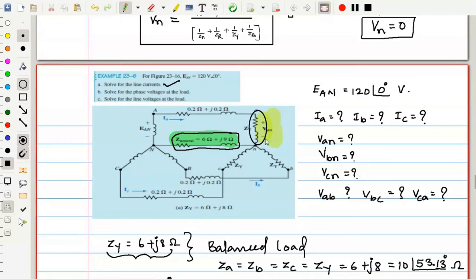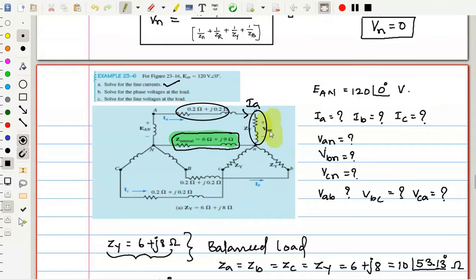The current through this ZY is IA. Why? Because this ZL and this are in series, so both have the same current IA. Line current is equal to phase current in case of star. This is a star connected load, so the phase current is IA, which is equal to the line current. Are you getting? Here also the same current IA.